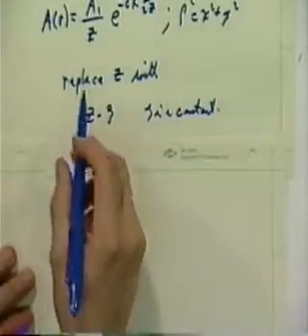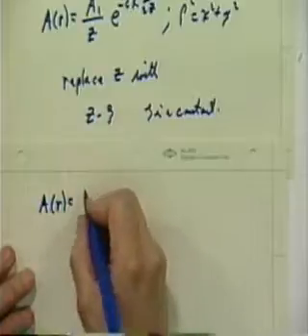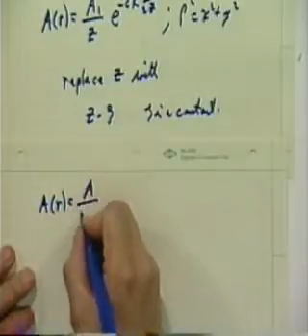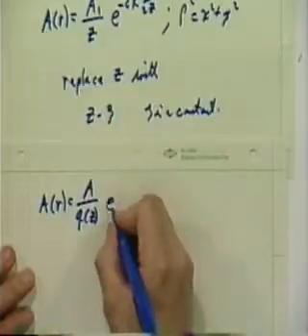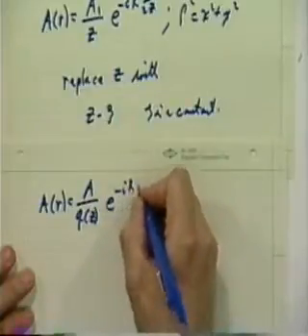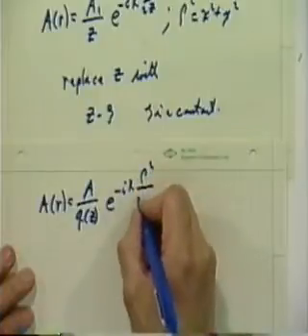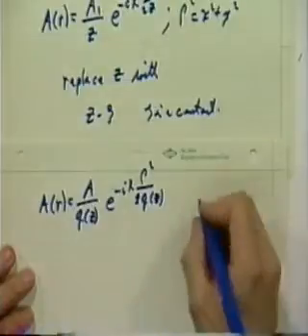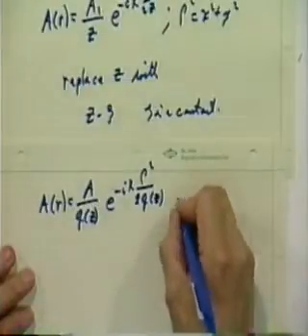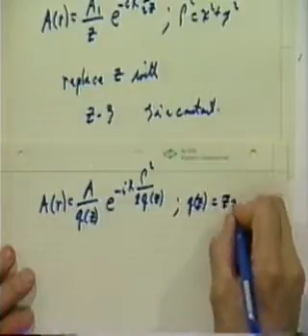But what we could say then is that A of r is A over q of z, e to the minus ik rho squared over 2q of z, where q of z is equal to z minus squiggle.